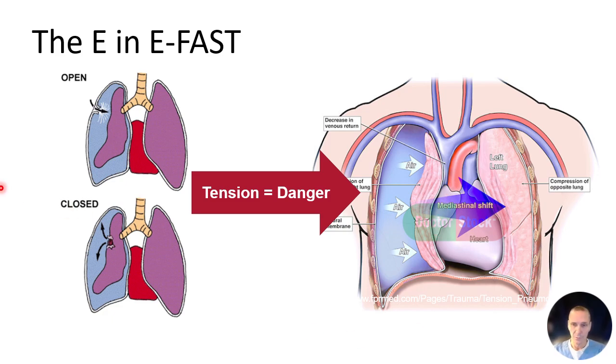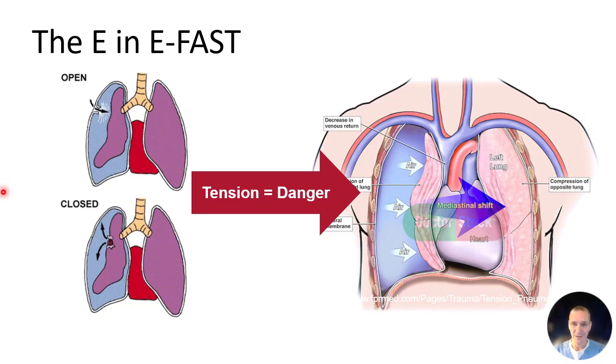So our goal with the eFAST is to rule out a pneumothorax, because if we see a pneumothorax, it doesn't necessarily mean we need to intervene, but we will be very cognizant of any positive pressure we apply, or if there's hemodynamic compromise, we'll have an idea of where we might want to intervene.